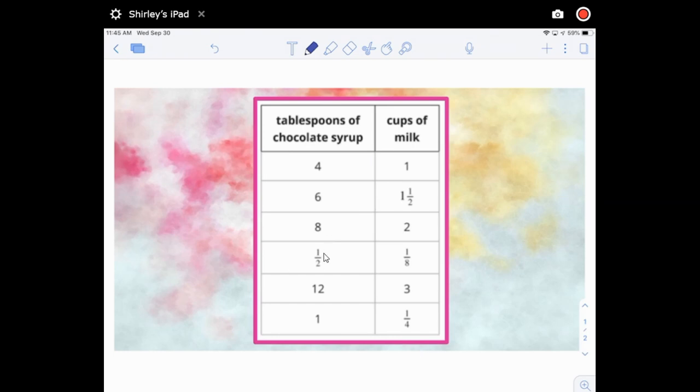So in terms of the language or your unit, your constant of proportionality, again, always tells you how your right side moves if you have 1 unit over on the left. So cups of milk per tablespoon of chocolate. It's always the right compared to the left. And if you're stuck on knowing how to find that number, pick a number on the right side divided by a number on the left side. Again, really making sure that you're straying away from that idea of dividing, and we're starting to understand what that means in terms of a fraction.